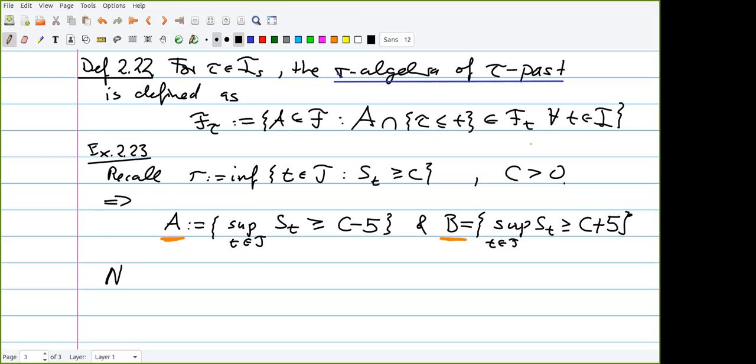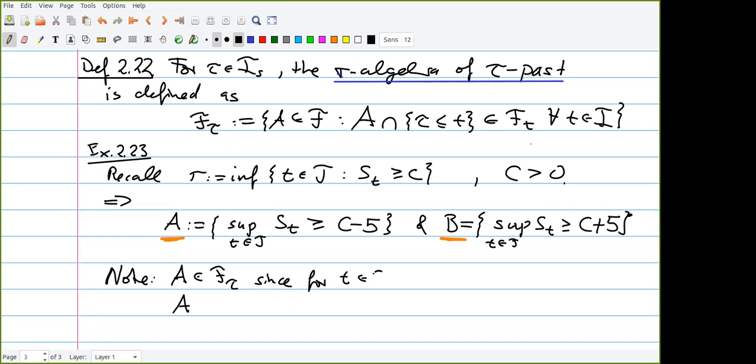And now let's make this rigorous. The claim is correct: A is in the sigma algebra F tau. Why? Because we need to check this.